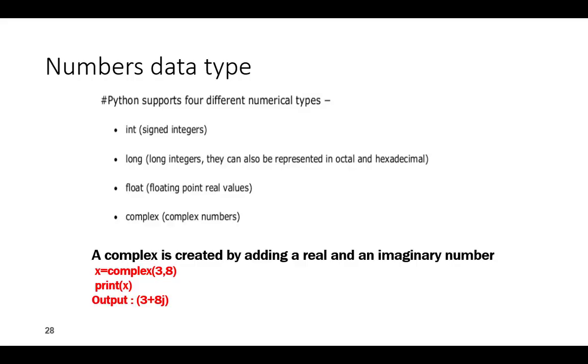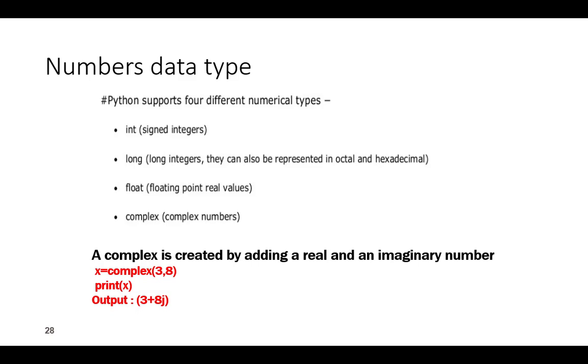Python supports 4 different numerical types: int, signed integers; long integers, which can also be represented in octal and hexadecimal; floating point real values; and complex numbers.